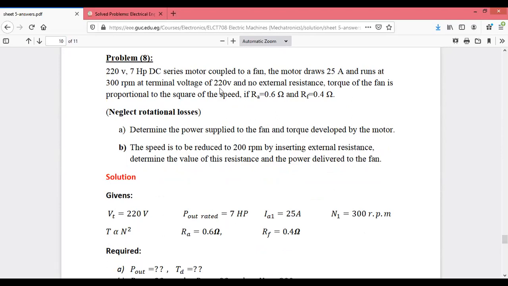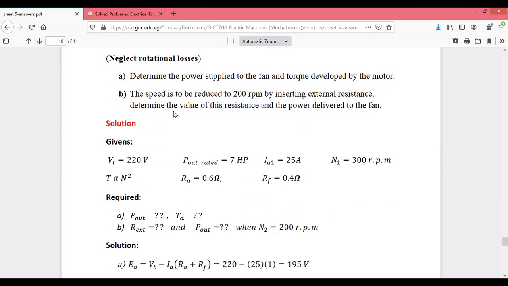So what are we supposed to solve here? Determine the power supplied to the fan and the torque. You are supposed to find the torque and the output power, and neglect the rotational losses.